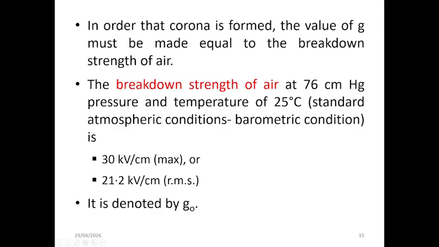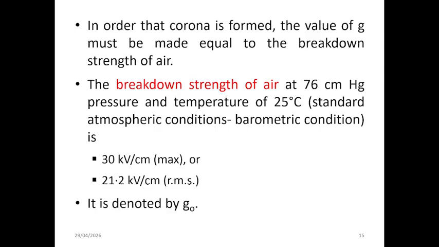For corona to occur, the electric field intensity or potential gradient at the surface of the conductor must reach the breakdown strength of air. When this condition is satisfied, ionization of the surrounding air begins, leading to corona discharge.